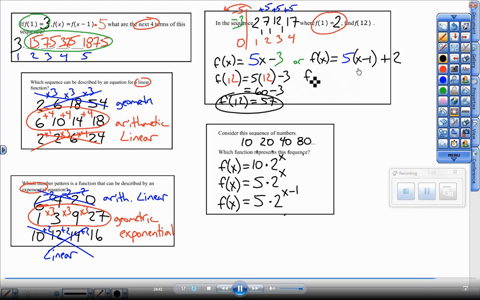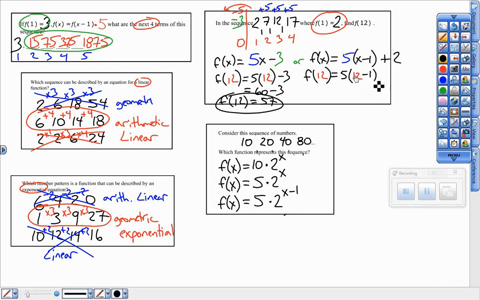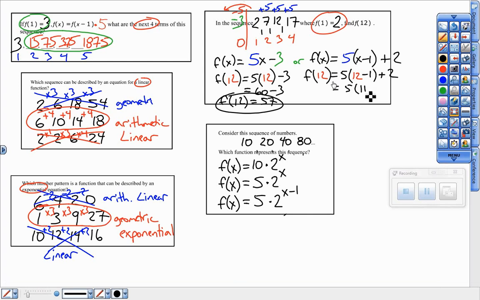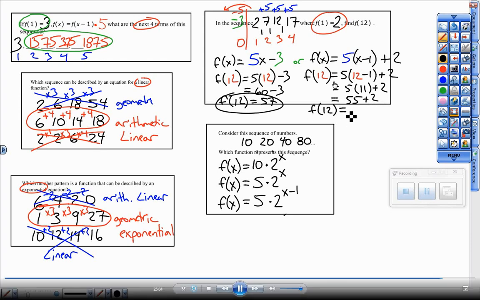I could also plug in 12 here and show you how I get the same answer. The function at 12 using this first term one, same 5. Plug 12 right here, minus 1. This gives me 5 times 11, which is 55, plus 2, which gives me the 12th term is 57.